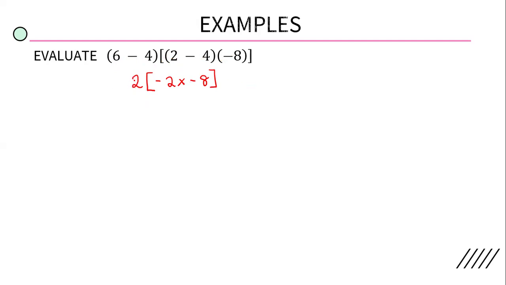The bracket means multiply. Negative 2 times negative 8 is going to give us a positive 16. 2 times 16 is going to give us 32.